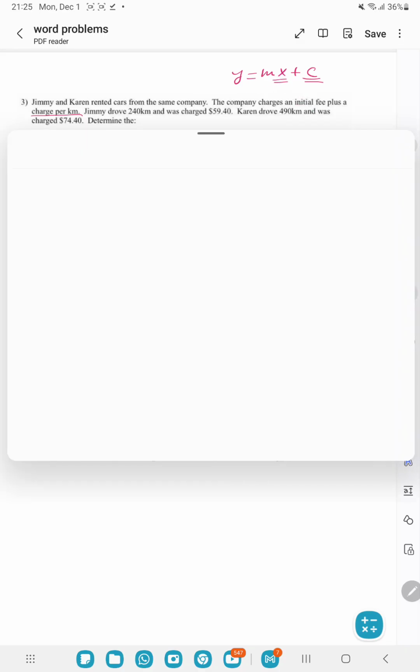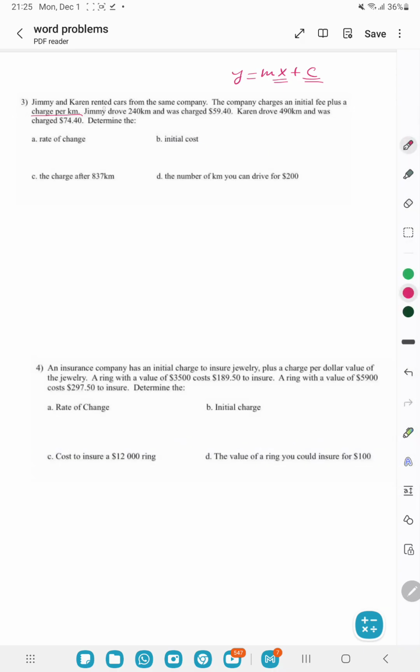We have the cost, the initial fee plus a charge per kilometer. So the charge per kilometer is actually a rate of change.